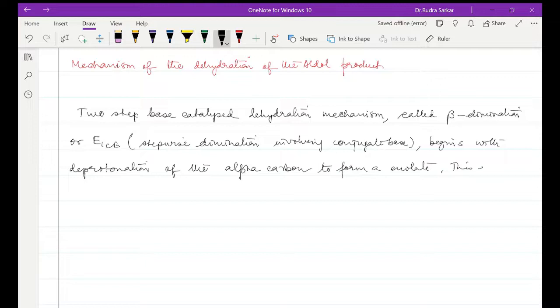Then this enolate ejects the beta leaving group, obviously our hydroxide.